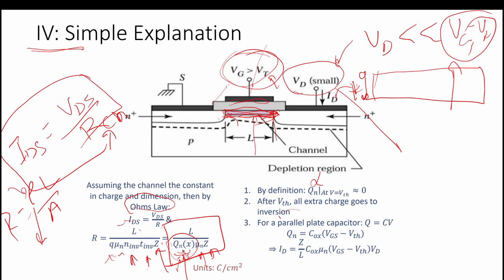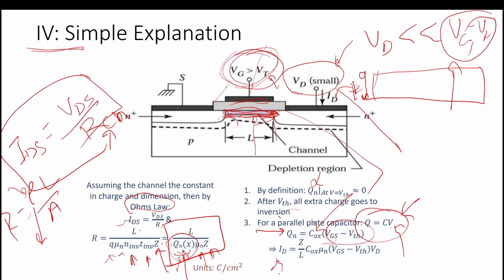In a parallel plate capacitor, Q is equal to CV. This V is nothing but the Vd that we are applying. From here we can calculate the Qn, because we know Cox, the oxide capacitance, and Vg minus Vth, the gate overdrive that we are applying.